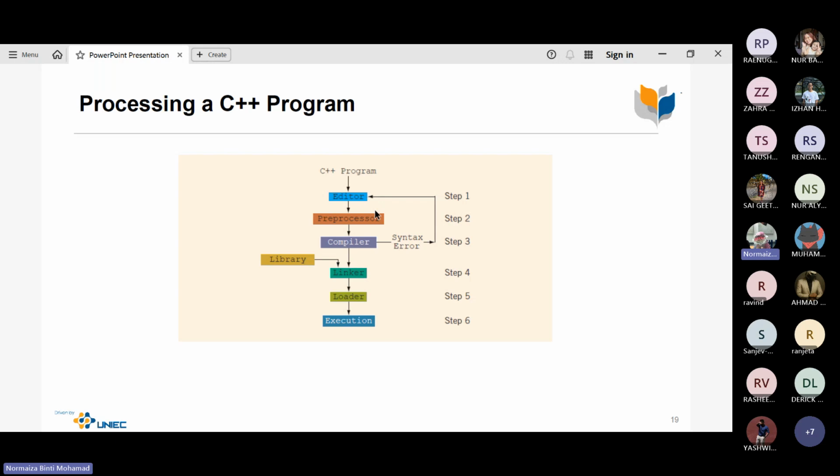If not, you have to correct the syntax error yourself and go back to the editor. Then, after there are no more errors, it goes to the linker, which links whatever is in the library, and then it goes to the loader, and the last step is the execution of the program.